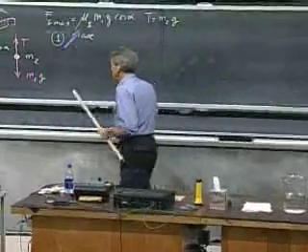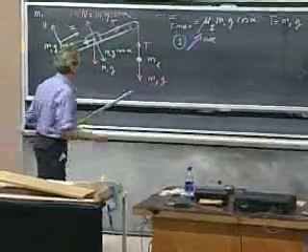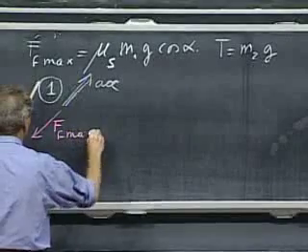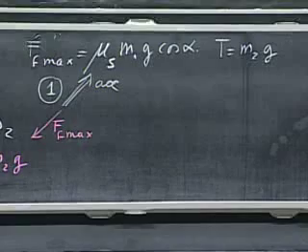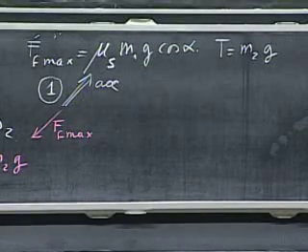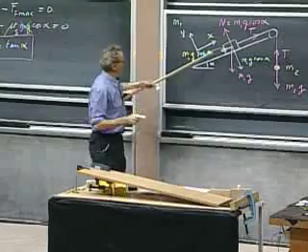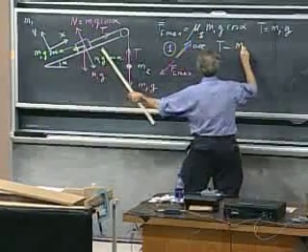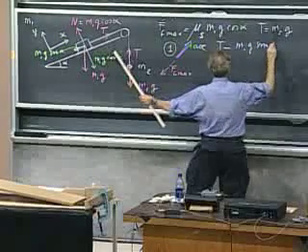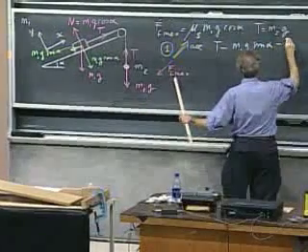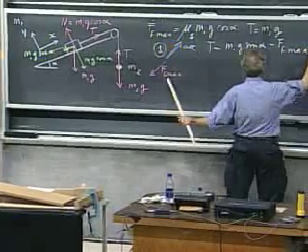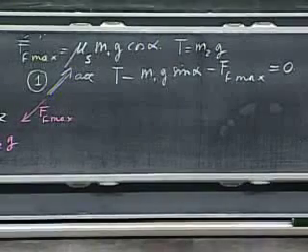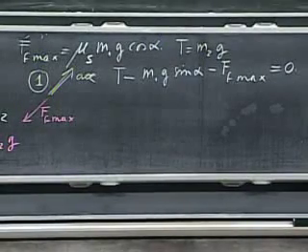If that's the case, then I know that the frictional force will be in this direction, and it will have reached the maximum value with the static friction coefficient. Now I can write down in the x direction Newton's second law. Now I have T, which is in the positive direction, minus m1g sine alpha, minus f max. That now has to be 0, just at the moment that it is just about to change its mind and start accelerating.